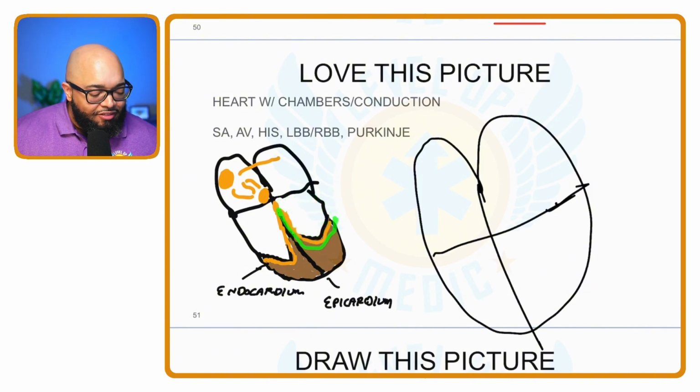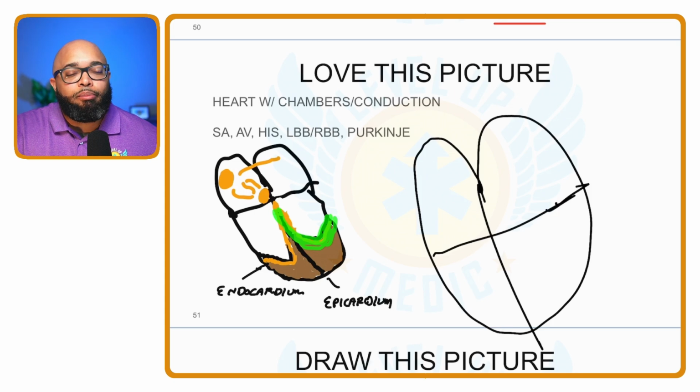What's the blood supply of the anterior fascicle of the left bundle branch? That's going to be the left coronary artery. But what's the blood supply of the posterior fascicle of the left bundle branch? That's going to be the right coronary artery.